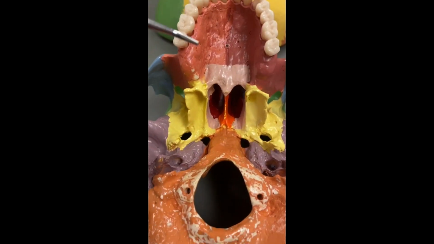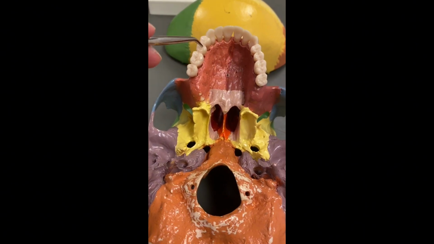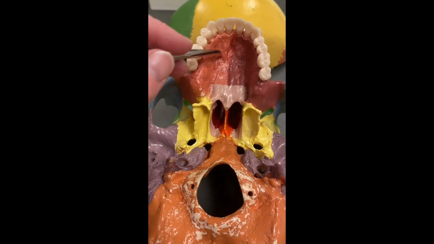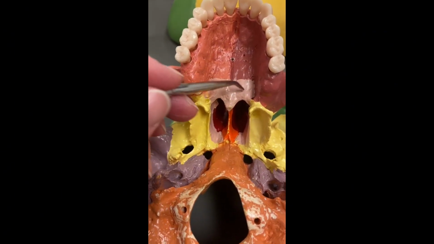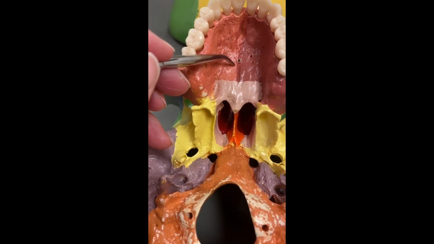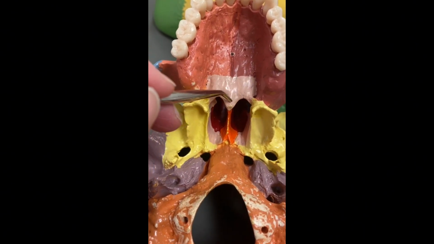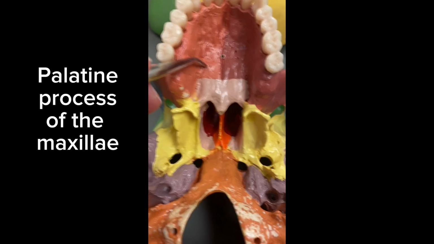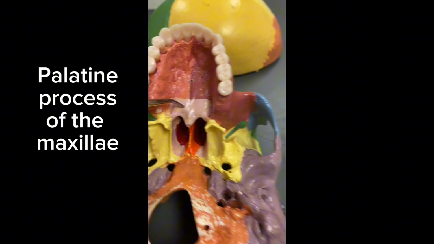While we're on the inferior view, we're also going to look at the maxilla, where this would be your upper teeth of your upper jaw. These are maxillae, two facial bones. These are the palatine bones. So where the maxillae can connect with the palatine bones, this would be the palatine process of the maxillae, where the maxillae come into contact with the palatine bones.